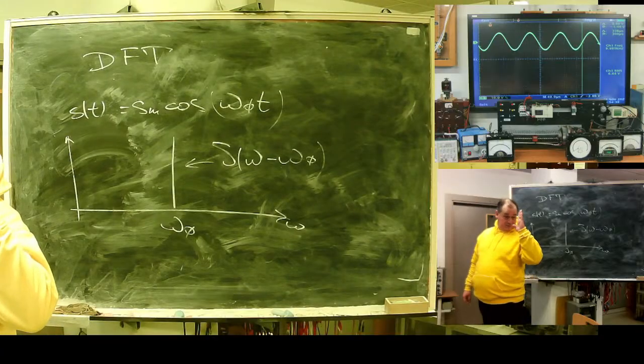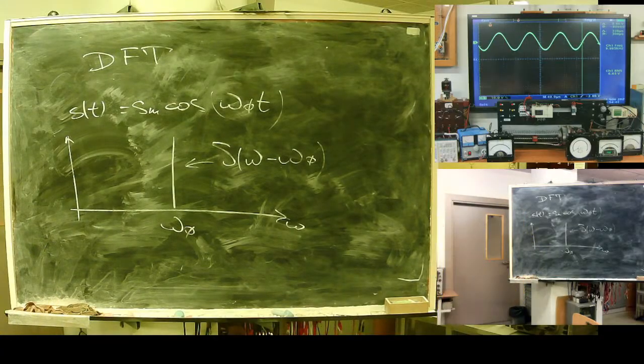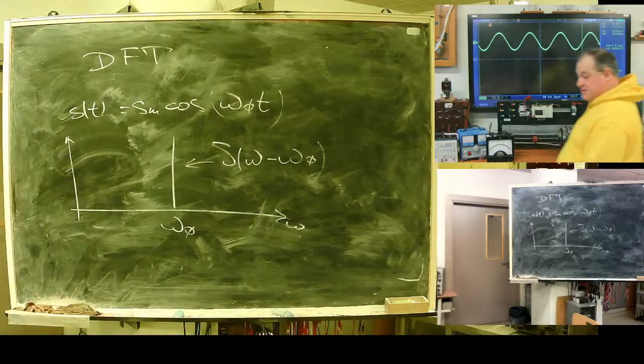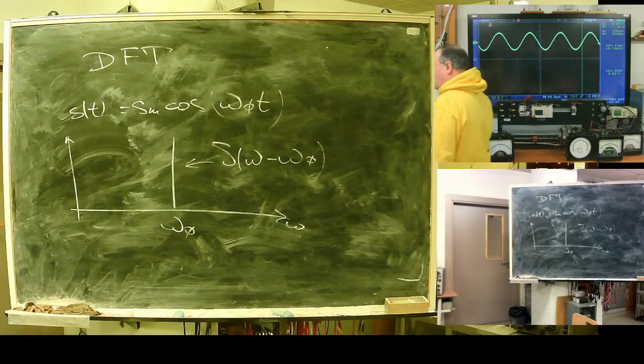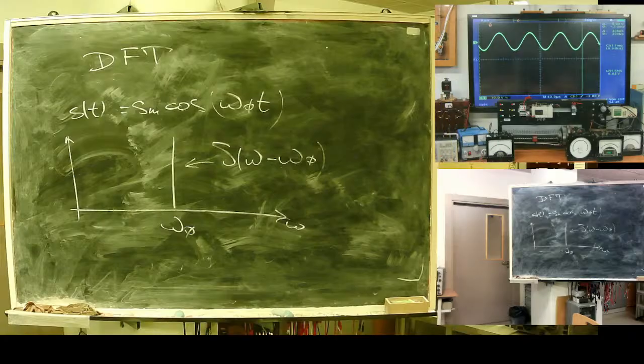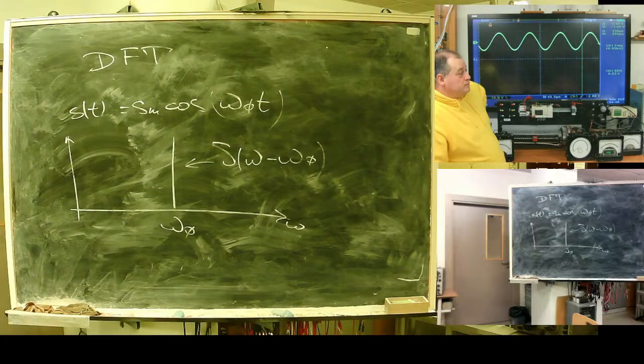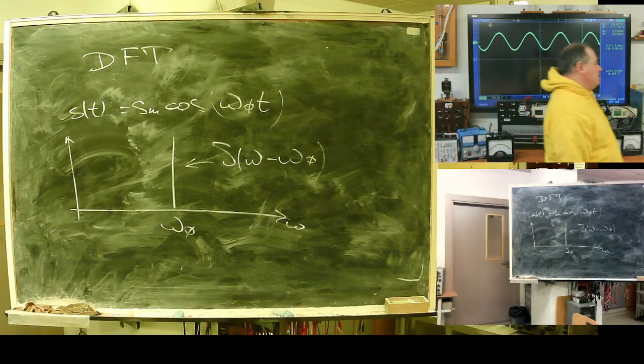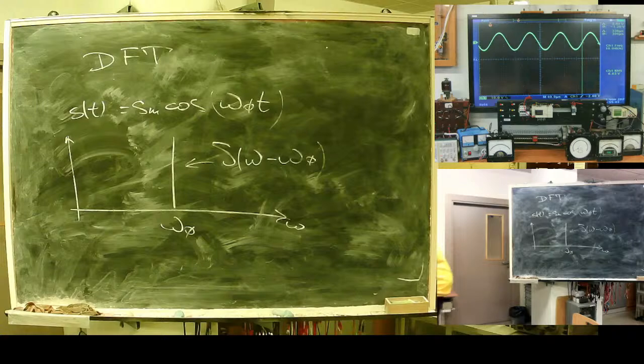An ideal thin line. Here, the spectrum of the signal contains only one line. Or two. Or one, since I draw positive frequency.